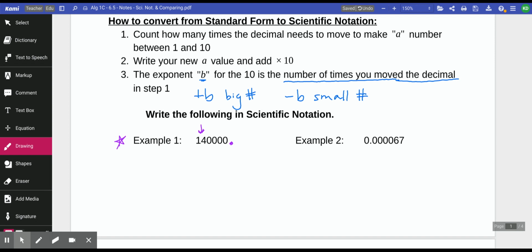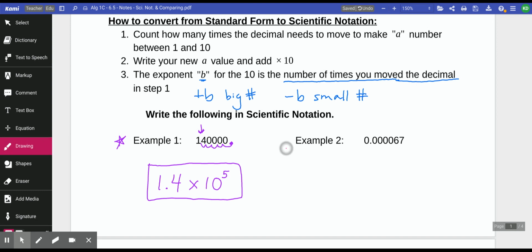So we're going to get 1.4, right? We know that, but now we have to figure out how many times we're moving it. So I'm not going to write my exponent yet. We have to count. 1, 2, 3, 4, 5. So we had to move this 5 times, and this is a big number, so I'm going to leave it as a positive 5.